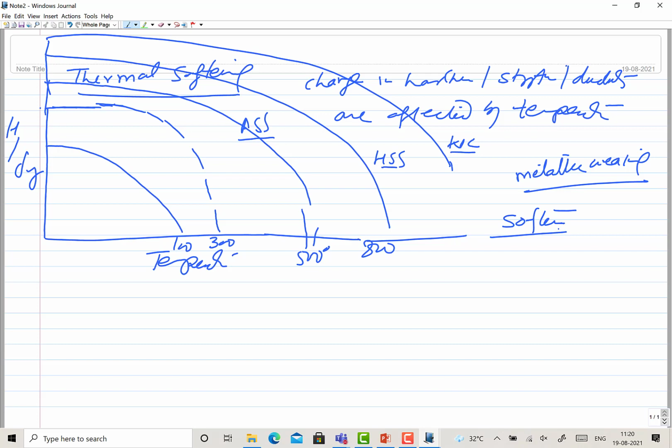If the metal is getting softened very rapidly with a little rise in temperature, it is good, because softening of the metal due to increased ductility and reduction in yield strength will facilitate the deformation. Basically softening facilitates the deformation, and the interfacial deformation is facilitated due to thermal softening.